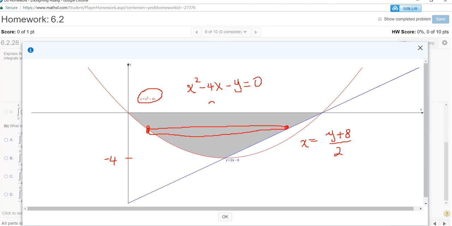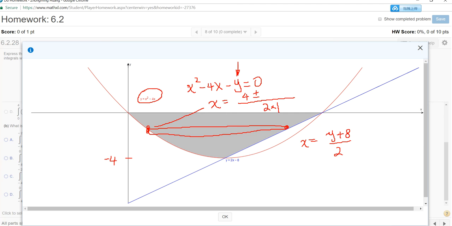Now you need to write that in terms of y. So you treat y as a constant, and you can use the quadratic formula, which has 2 times a in the denominator. The a is just 1 in this case. On the numerator it's negative b, so negative of negative 4, which is 4, plus or minus.